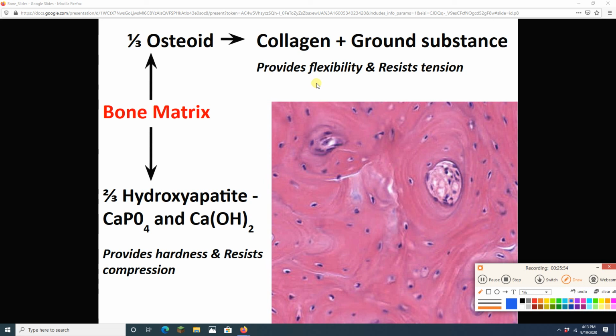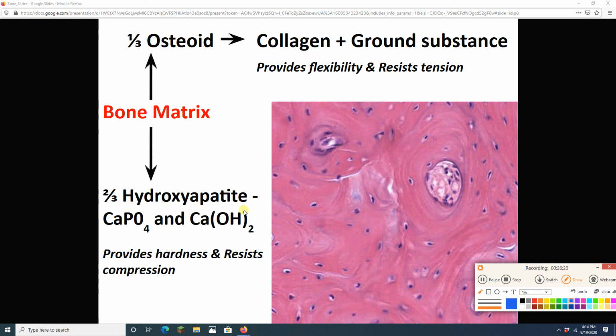But we need more than the ability to resist tension. We also have to resist compression. We have to have bone be hard in order for it to be protective. And the other 2/3 of bone is this stuff called hydroxyapatite. That is the mineral part of bone.